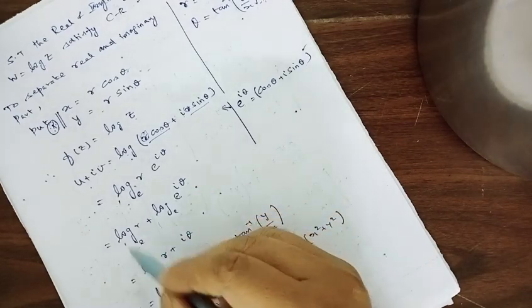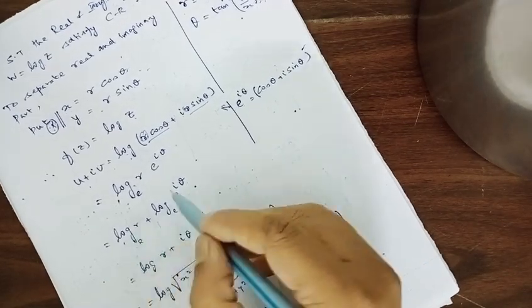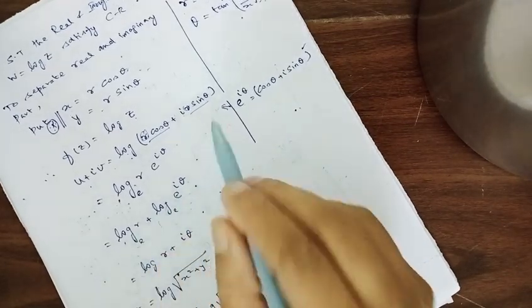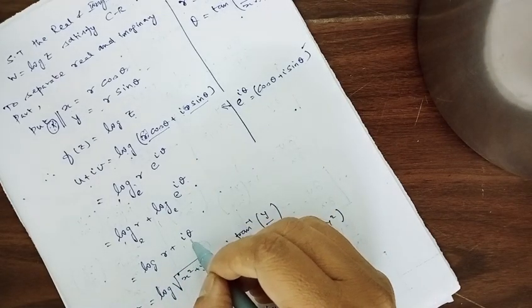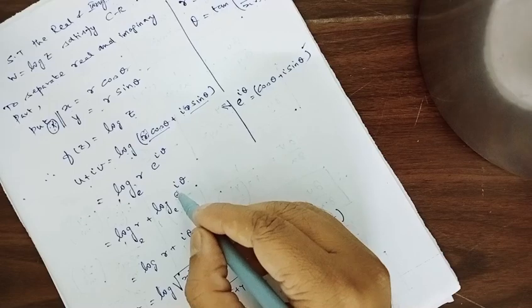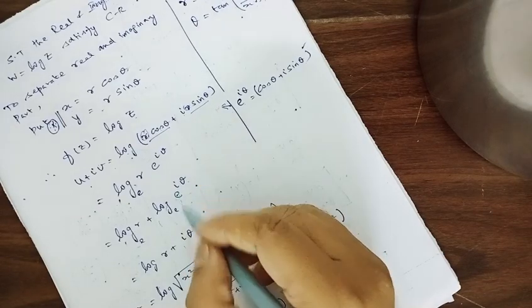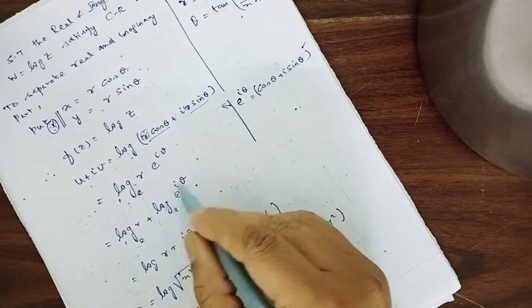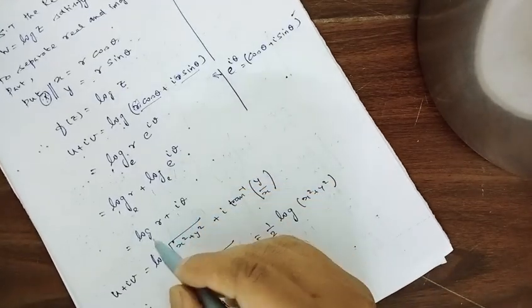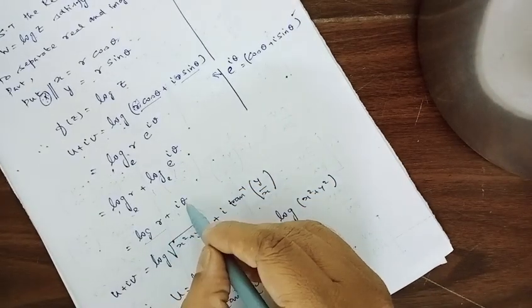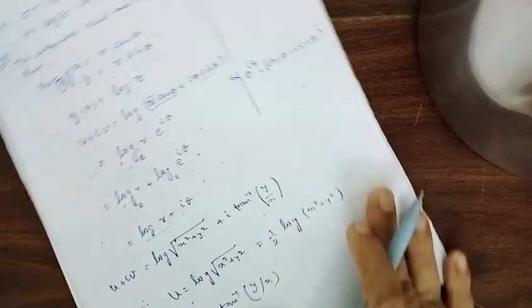Removing the log, the e terms go out, and we get i theta. Therefore log r plus i theta remains.